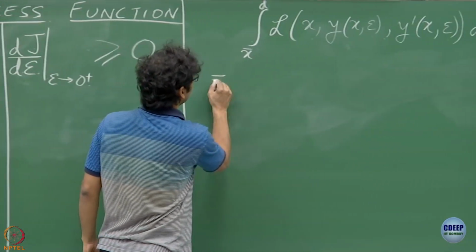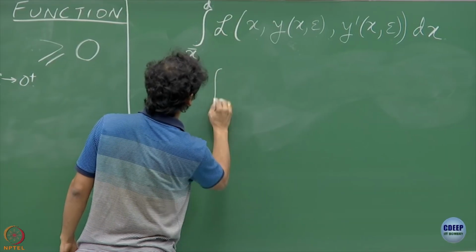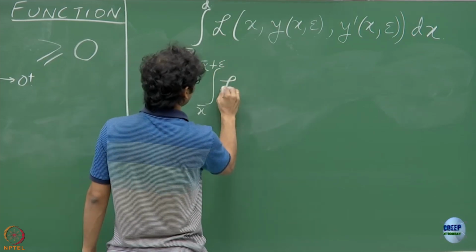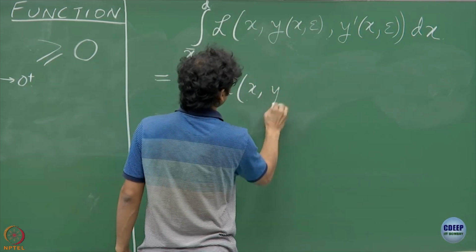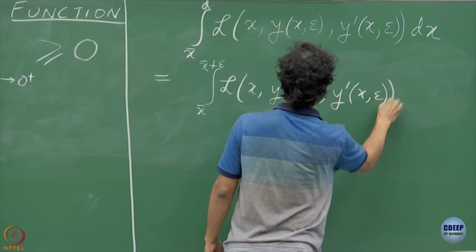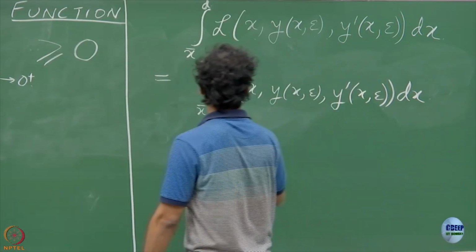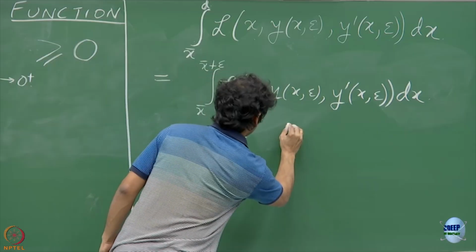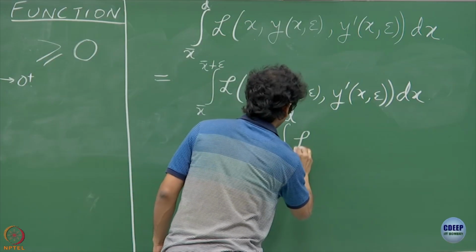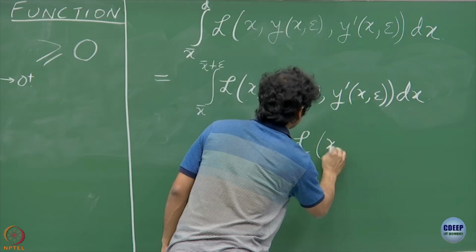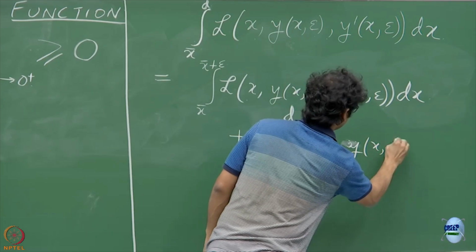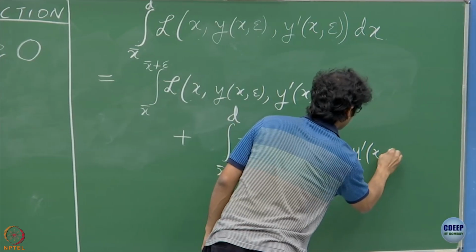Let's just go one step further and split it up. Since we know explicitly, x bar to x bar plus epsilon, the same object here, L of x, y(x, epsilon), y prime(x, epsilon) dx, plus x bar plus epsilon to d, L of x, y(x, epsilon), y prime(x, epsilon).